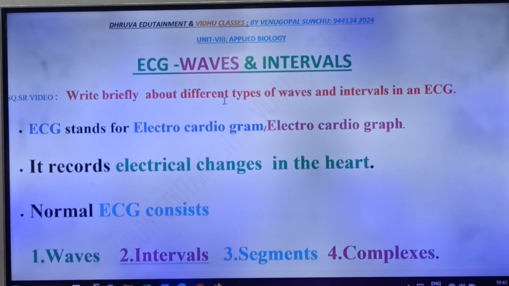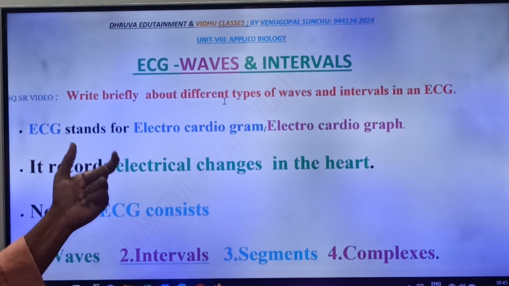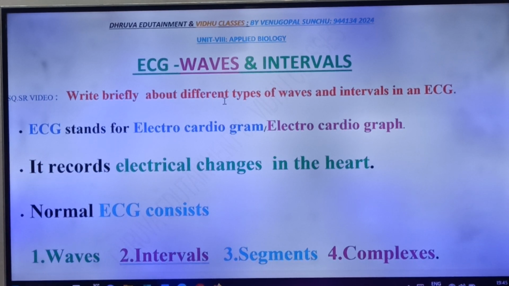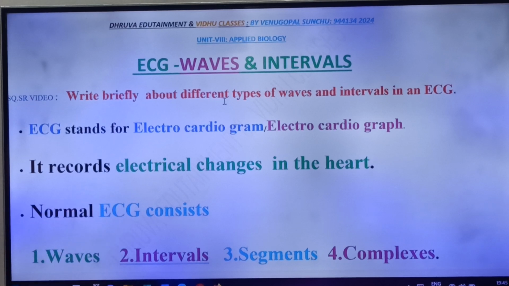See friends, what is ECG? ECG stands for electrocardiogram or electrocardiograph. ECG or EKG, whatever it may be. E for electro, C for cardio, G for gram, or graph.